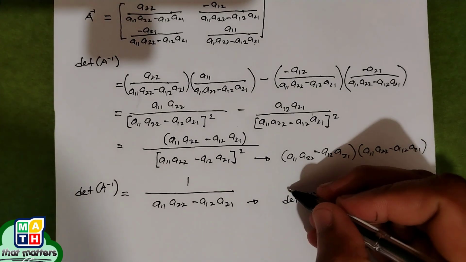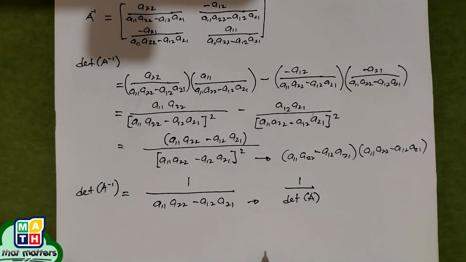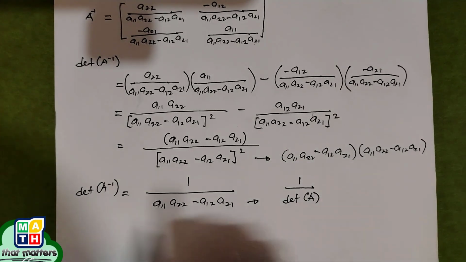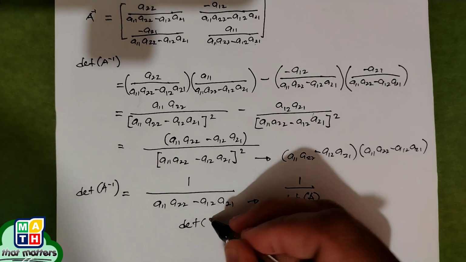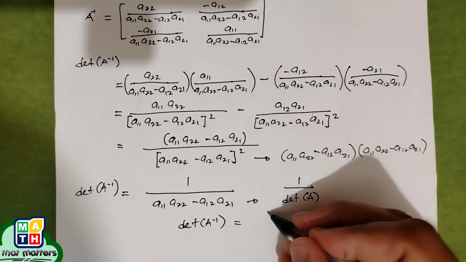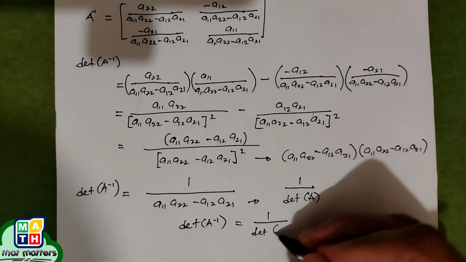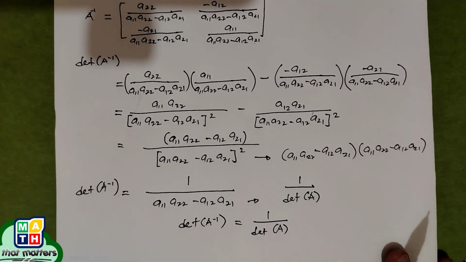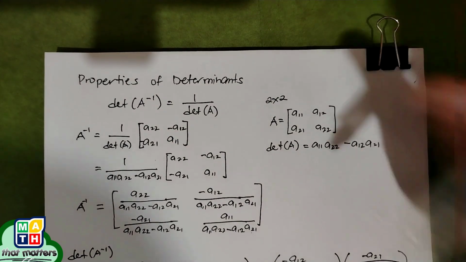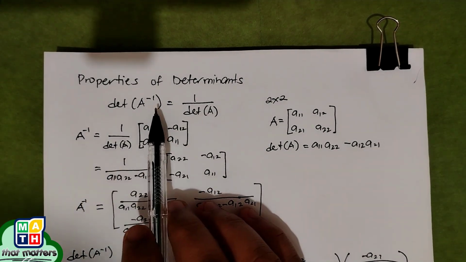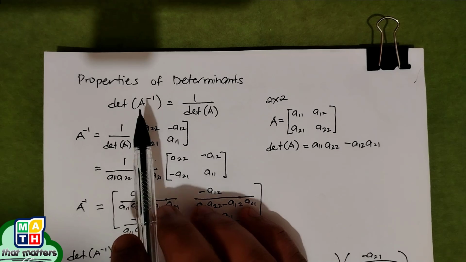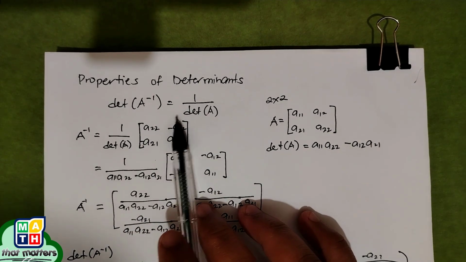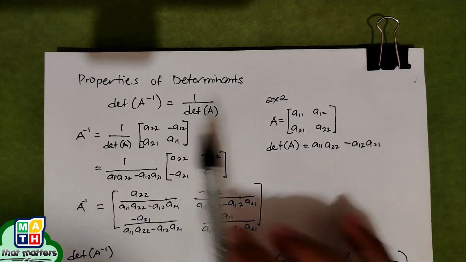In short, we can establish now that the determinant of A inverse is just equal to the reciprocal of the determinant of A. This shows this property of determinants. So with all of this already taken down, this shows that for the determinant of A inverse, even if you don't know what the inverse is, you simply take the reciprocal of the determinant of A for that result.